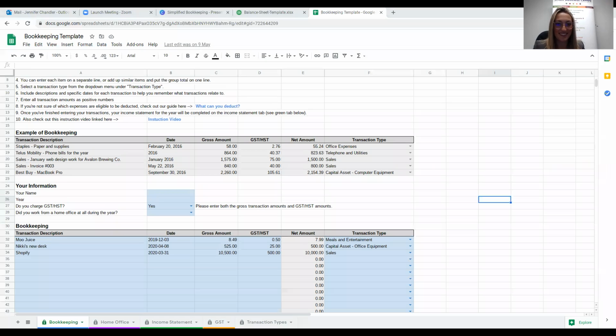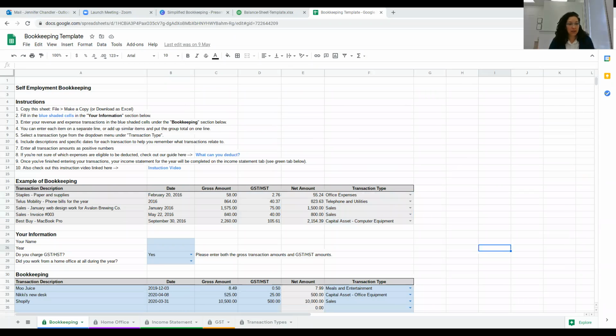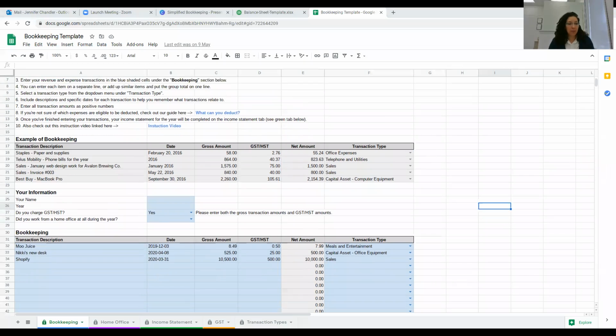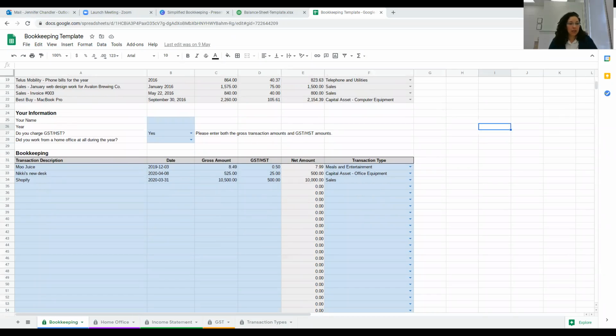Okay. So this is what our self-employed bookkeeping spreadsheet looks like. It gives you an example at the top, and you just fill in your information. Say you have a Shopify store, you made $10,000 in sales, and you mark it as sales, and you went to somewhere called Moo Juice. I don't even know what that is.